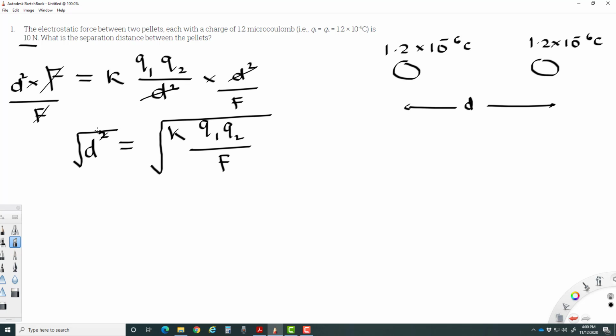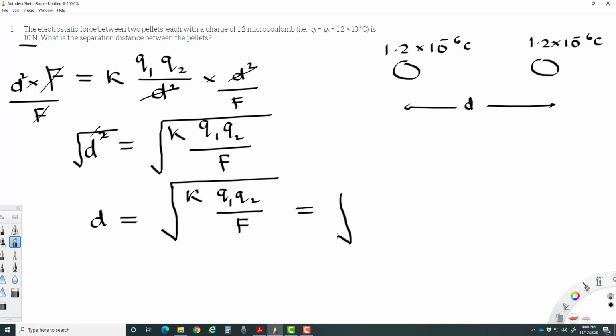So I can cancel this square and square root, and then I will have d equals the square root of k q1 q2 over F. So we want to get d. Now plug the numbers in this expression.